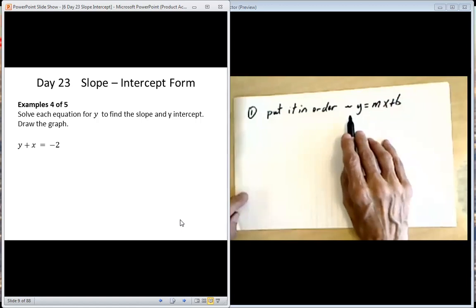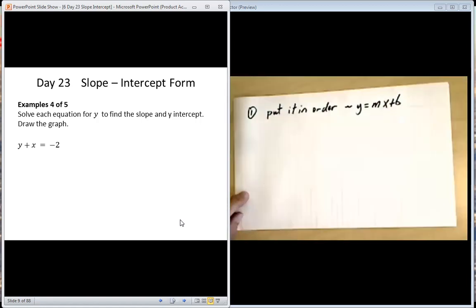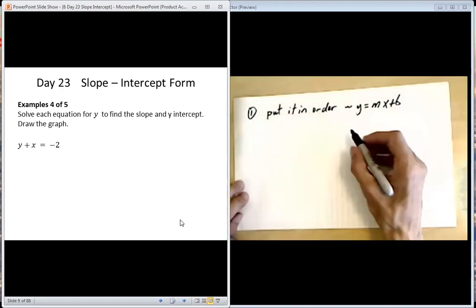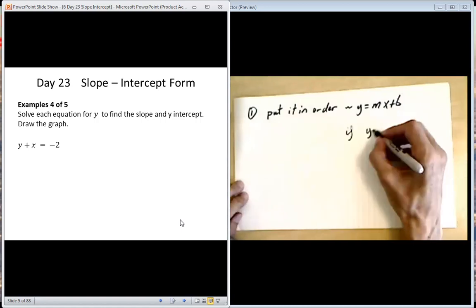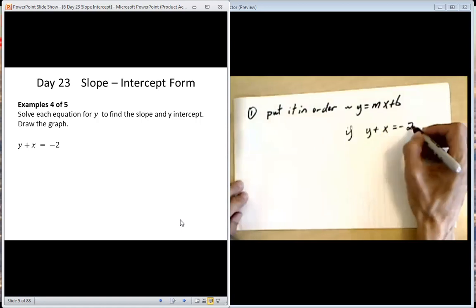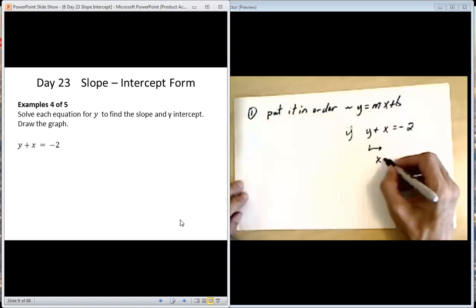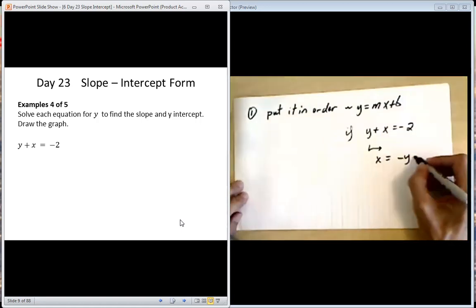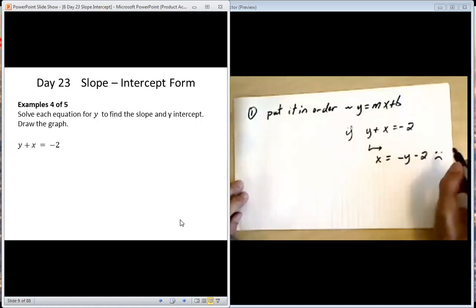If we move the y on the screen to the other side, it changes from a positive to a negative. If you move the y, this is what you get. You have x by itself instead. Okay, now what we're going for.